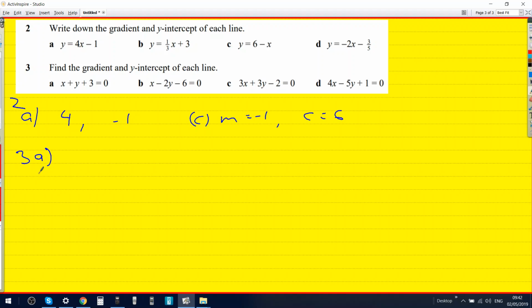There's a gradient of minus 1 again and an intercept of minus 3. Well done. So m is minus 1. So if it's not rearranged, you just rearrange it yourself. What about B?